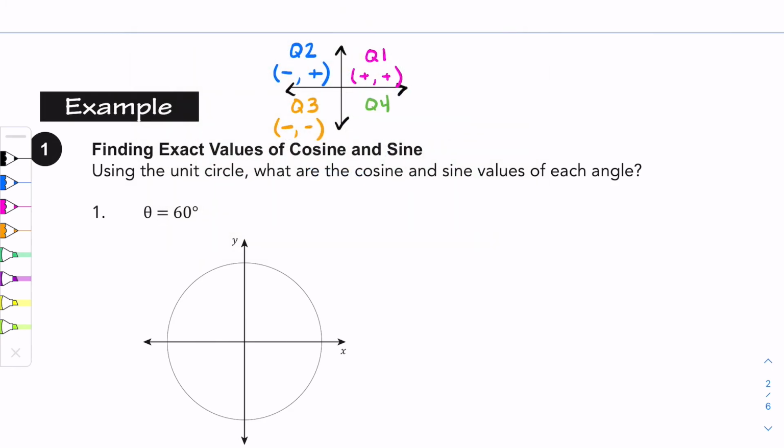And in quadrant 4, you have a positive x and a negative y coordinate. So you need to make sure the signs correspond to the quadrant. Your answers are always going to come out positive, but you have to determine where the point is that you're working with and match it to the correct quadrant. Make sure you have the correct signs. You'll see when I go through the example what I'm talking about there, but this is important to know.